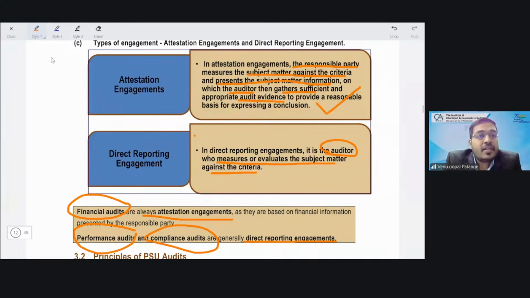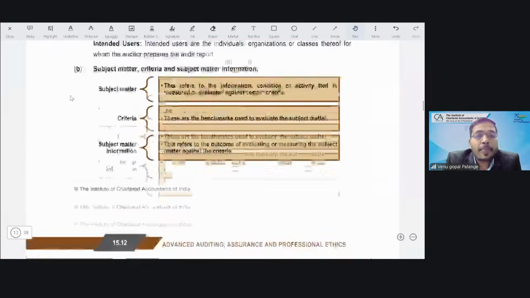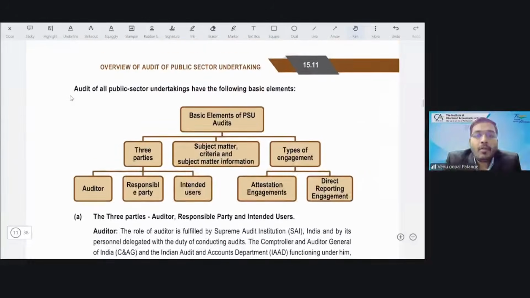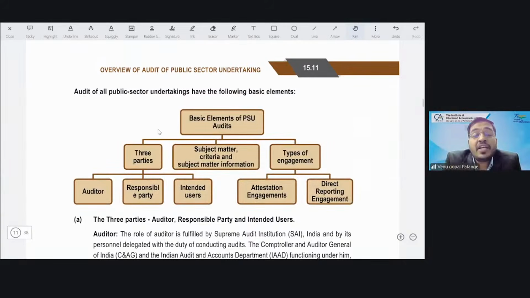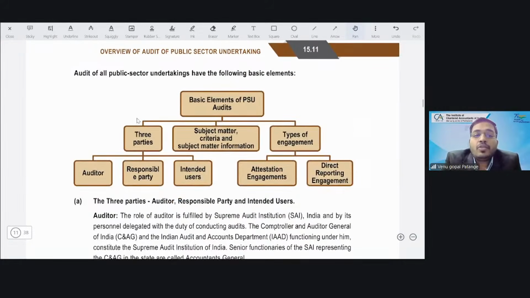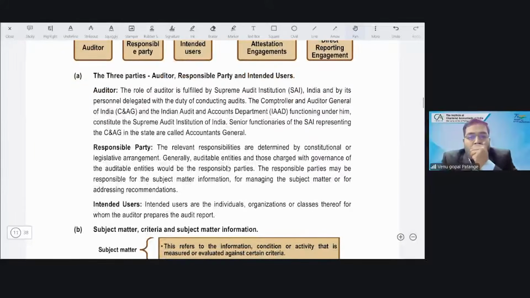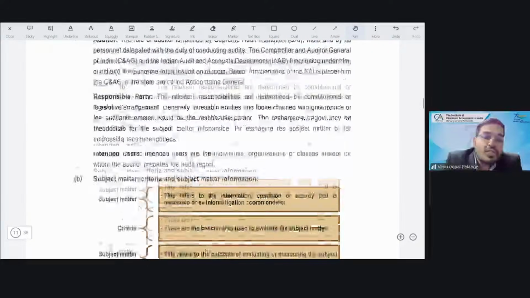So please let us recall. We discussed the framework. We are in elements. So who are the three parties? Which is subject matter, criteria, subject matter information, types of engagement. Okay. You know who is the auditor. You know who is the responsible party. You know who are the intended users.